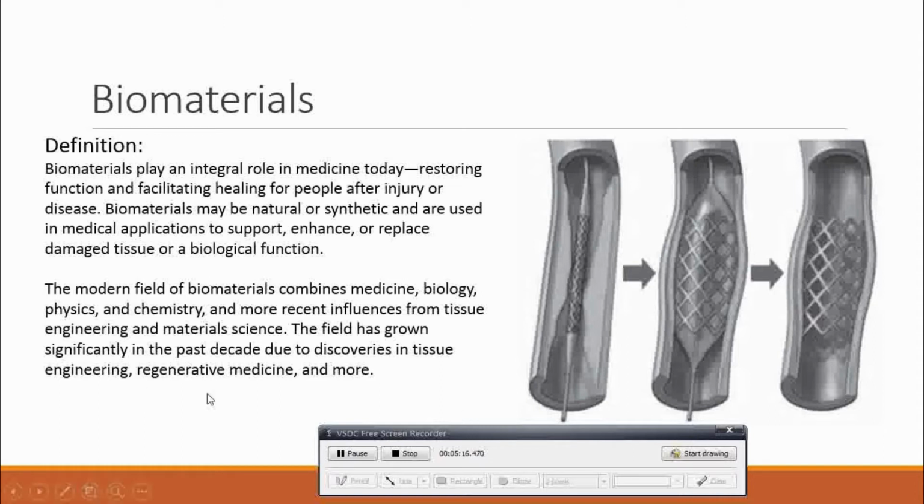Another part is regenerative medicine. So this is a great focus field as well nowadays, and more. So what is this figure actually? There is a blood vessel, and inside the blood vessel there is what we call clogging of, let's say, fatty tissues.